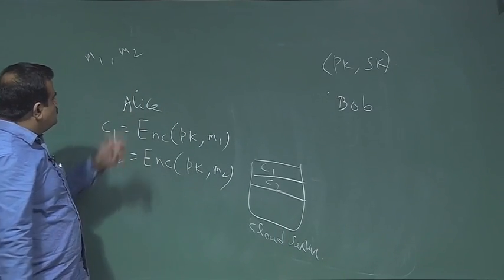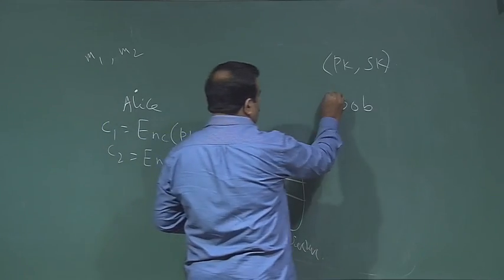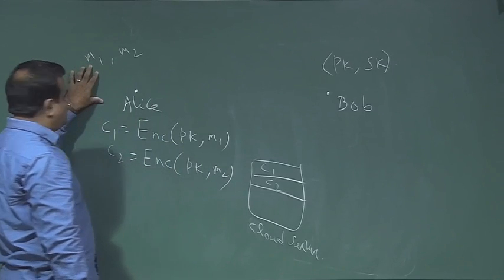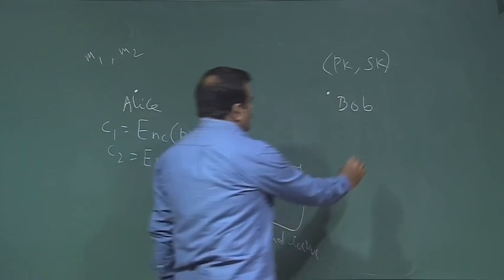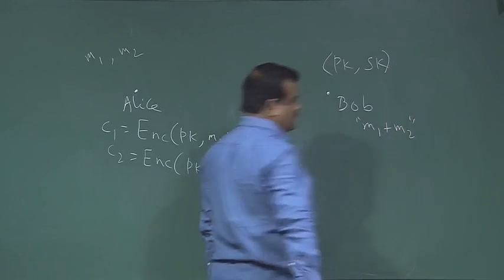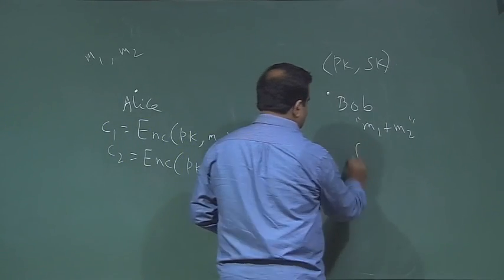Now suppose Bob wants, so Bob is not looking for the messages M1, M2. Suppose Bob is looking for the value of M1 plus M2. So this is our f. Our f is just plus.